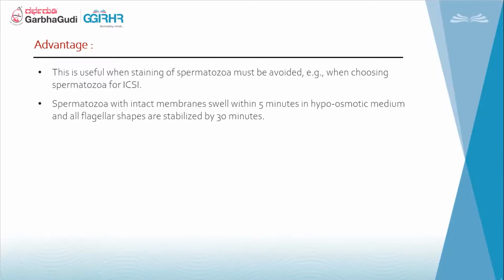Some labs use it like that. Spermatozoa with intact membranes swell within 5 minutes, so it is time effective also, right? Within 5 minutes you will get the test and you can start with the ICSI. And as there are no stains, it is not harmful for the sperm also.